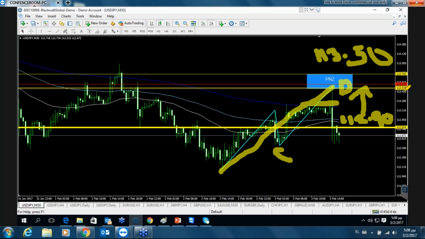We want it to be lower than the 113.50 area, which is 113.40. So in that sense, we traded the upside move there, and we benefited for some pips to the upside before the market actually dropped. So I didn't really participate in the downward move, but some traders did.